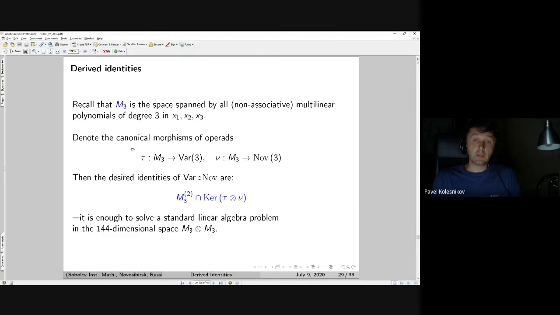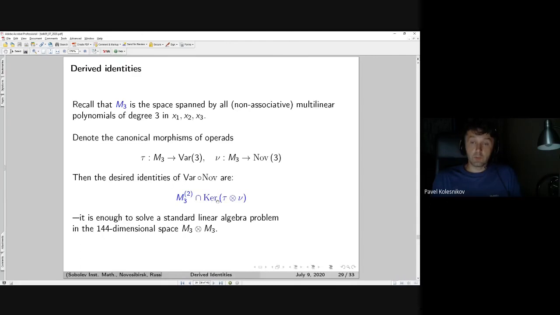They are exactly the morphisms of operads, third components of those morphisms. And then, just by the definition of the white product, they define the identities of the Manin white product of Var and Novikov. They are elements of the intersection of the kernel of tau tensor nu and the kernel with M3,2.